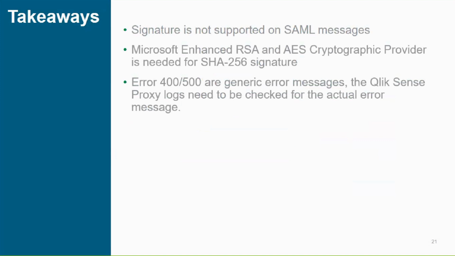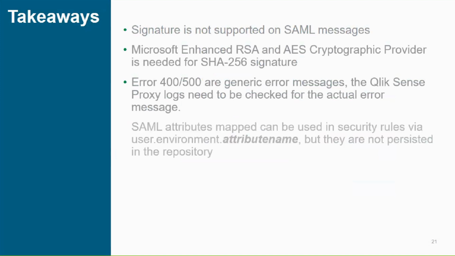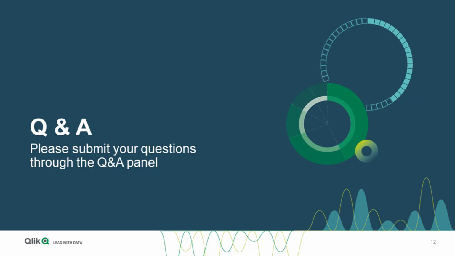You need to check the Qlik proxy log to know what actually happened. The SAML attributes that are mapped in the virtual proxy can be used in the security rules. You can access them with user.environment.attribute name. However, they're not persisted in the repository, so you won't be able to see them in the user information in the QMC. So that was all for today's session.